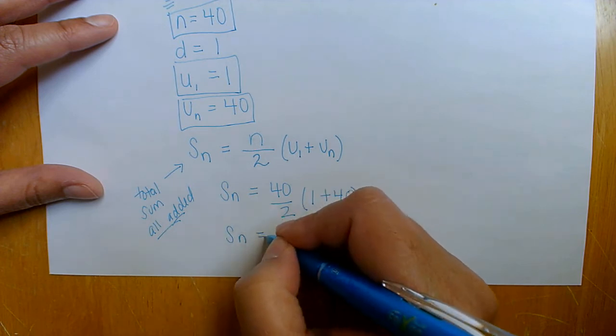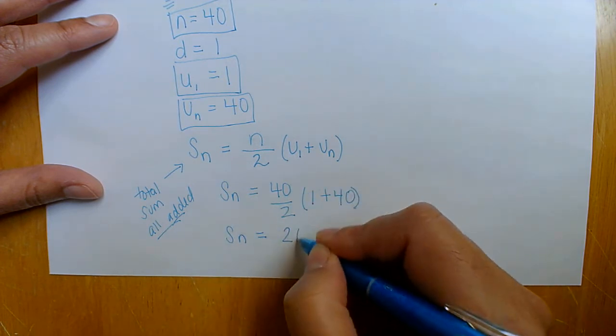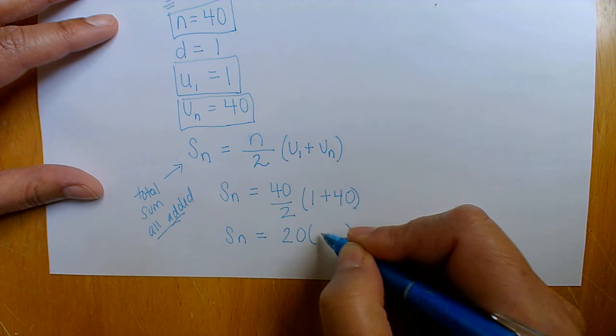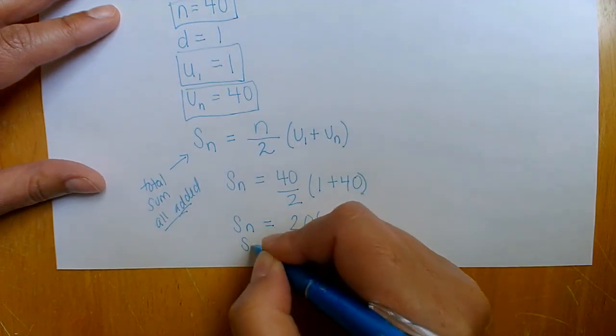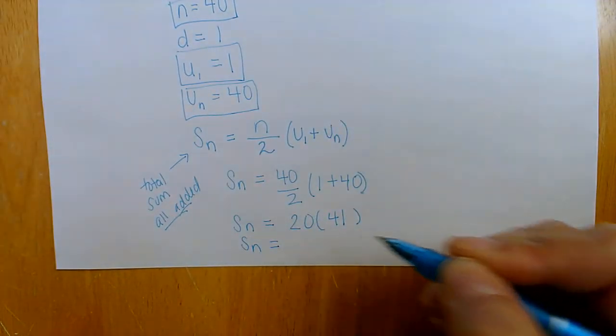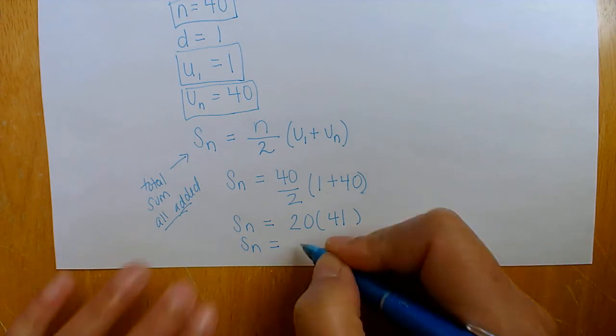So we have S sub n equals 40 divided by 2 is 20, and 1 plus 40 is 41. S sub n equals 820.